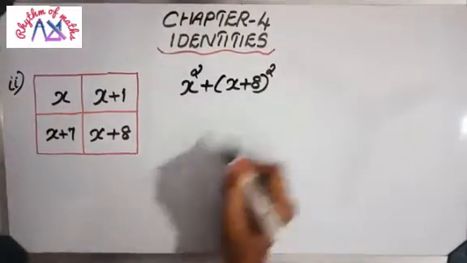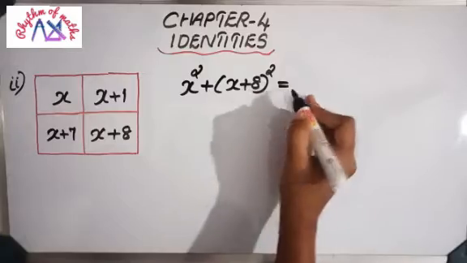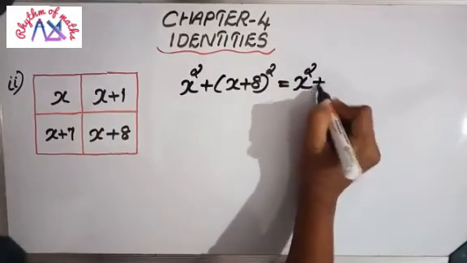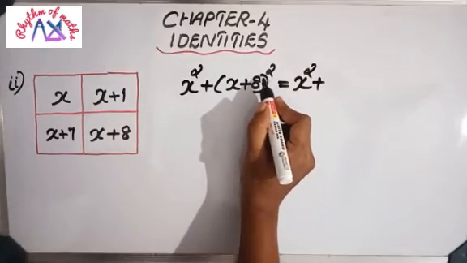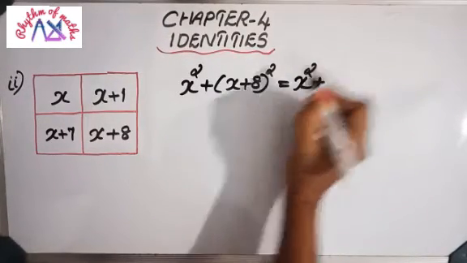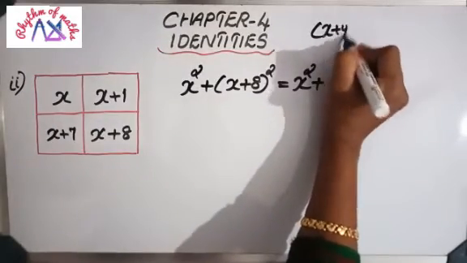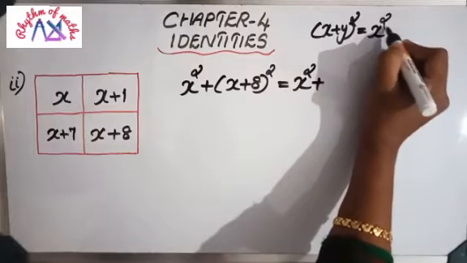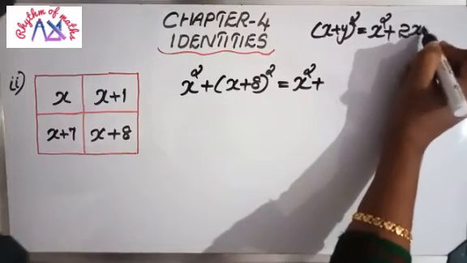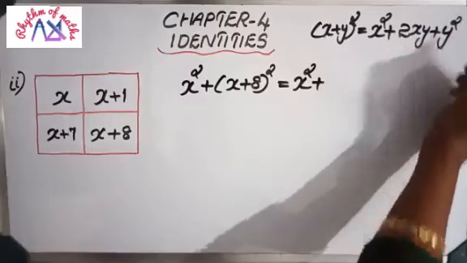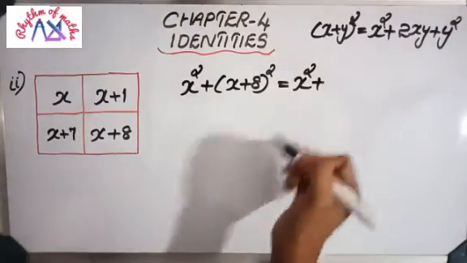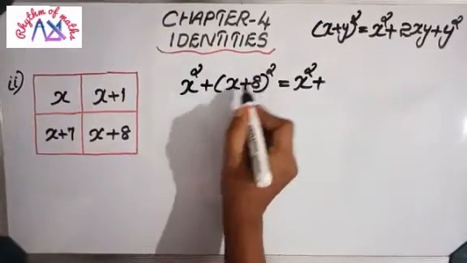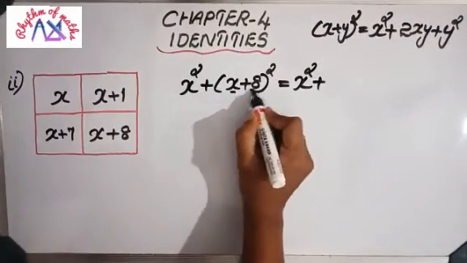Now let's expand this. x square is x square itself, plus x plus 8 whole square, which is of the form x plus y whole square. What is the identity? x plus y the whole square is x square plus 2xy plus y square. This is the identity we are going to use here. So in x plus 8 the whole square, the first number is this one, the second number is this one.